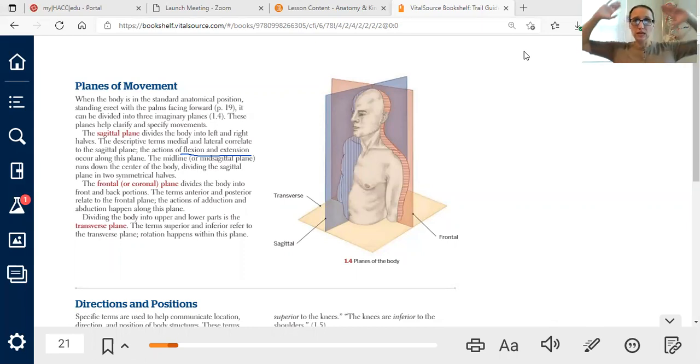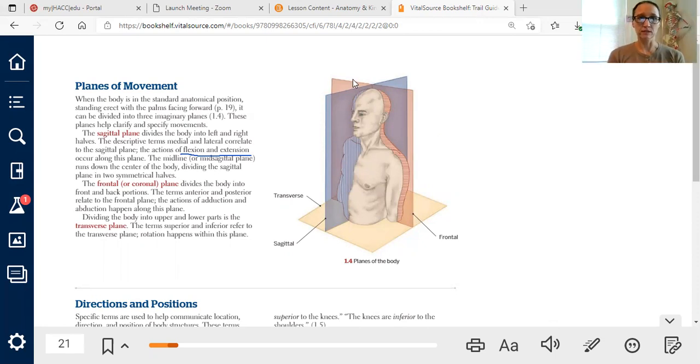And again, if we visualize a board going through us, kind of like this illustration here, we can imagine movements that would have to go side to side, because we wouldn't be able to go front and back on this plane because it's holding us right there, okay?